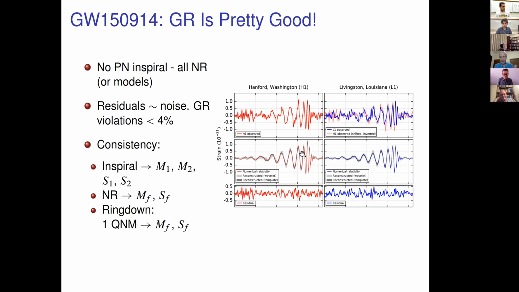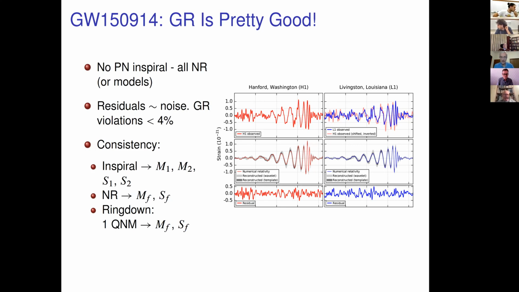And by eye, it agrees pretty well. If you subtract them, you get the bottom plot, which is the residuals. And basically, the residuals are consistent with Gaussian noise at about the 4% level. So very crudely, you've got 4% to play with if you're looking for deviations from general relativity, at least in this particular event.